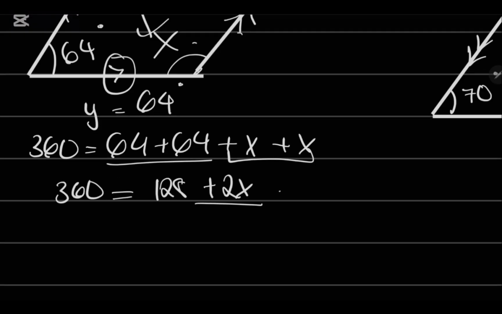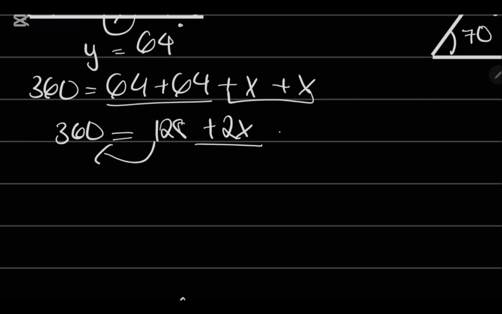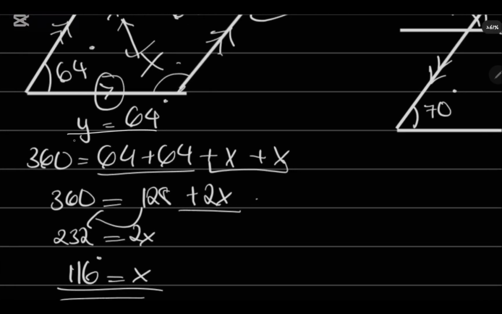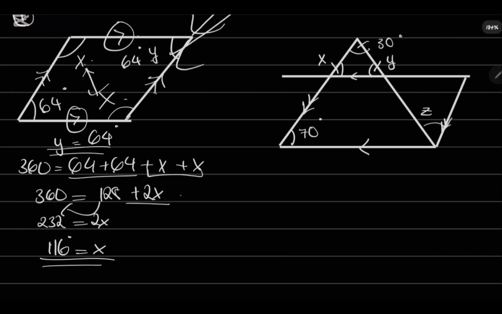You can isolate 2x by moving this over, so that gets you 232 equals 2x, and then x would be 116 degrees. Okay, so y equals 64 and x equals 116.